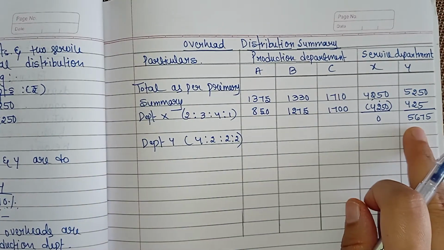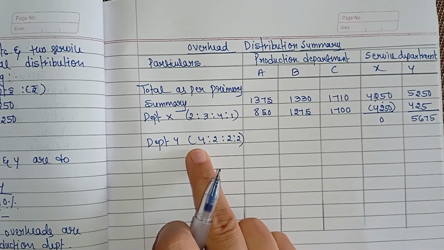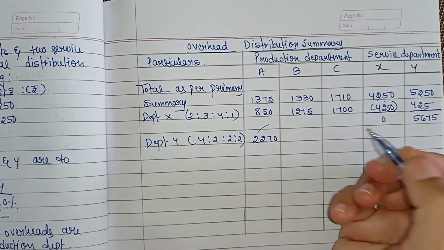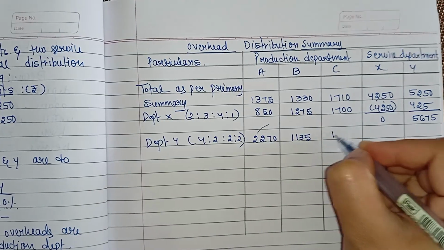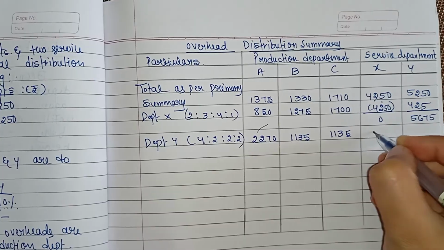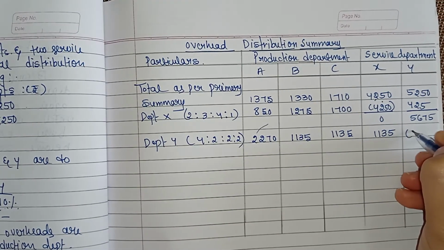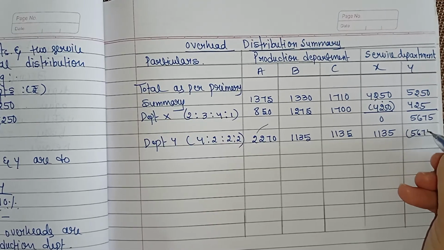So 5675 into 4 divided by 10, that is 2270. For B 1135. C also same ratio, right? 1135. For X also 1135.